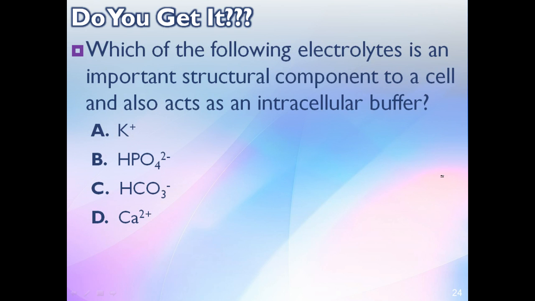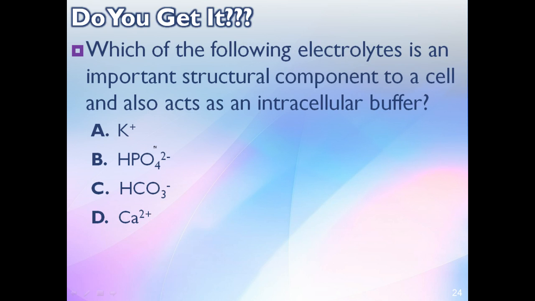Another one here. Pause if you need to as you read this question and come up with your answer. Which of the following electrolytes is an important structural component to a cell and also acts as an intracellular buffer?